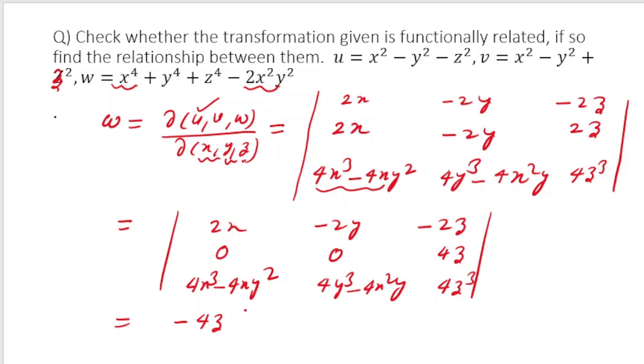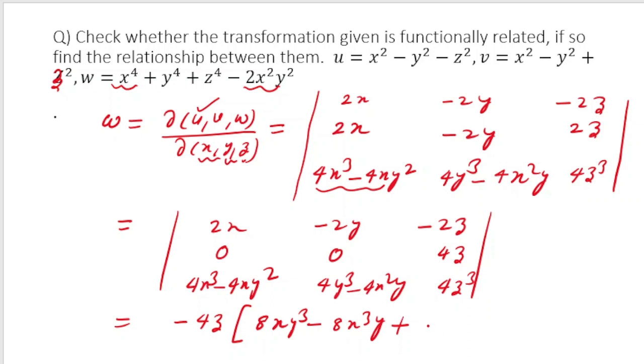So 2x into this, I will get 8xy cube, and 2x into this, minus 8x cube y. Okay, and then this is gone, this is gone, right? So this into this, and now this into this, so this will be plus minus 2y, and this will be plus.